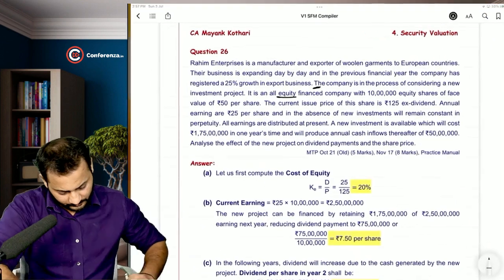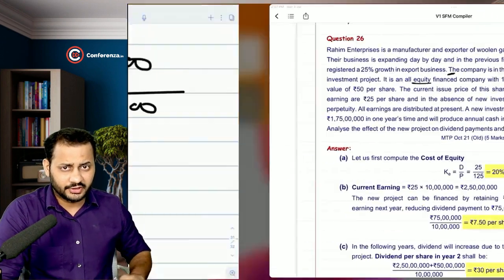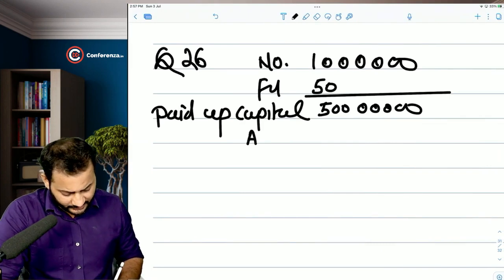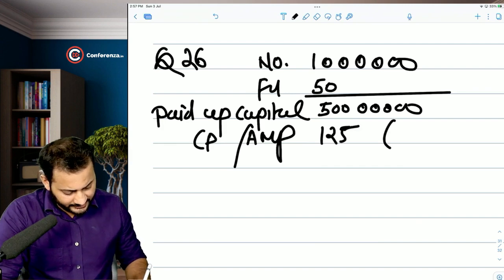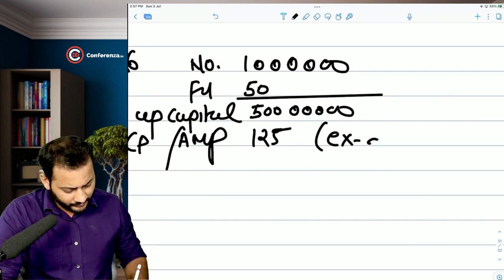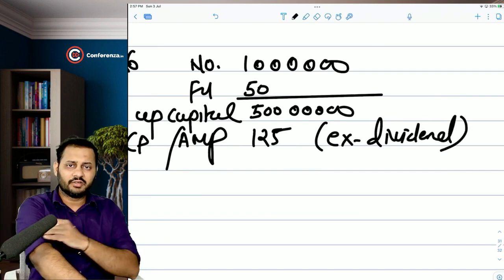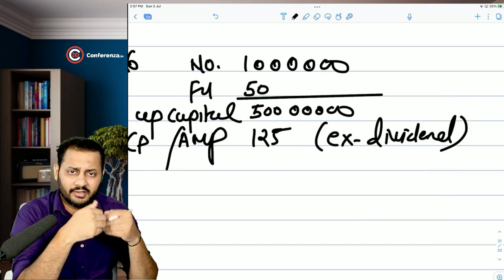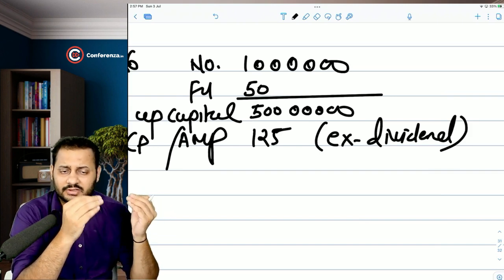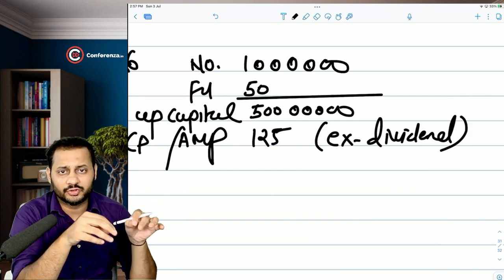Then the current issue price of the share is 125 rupees ex dividend, which we'll call the actual market price, or current price, 125, and it is ex dividend. That means it is after the dividend has been declared or paid. In fact, every time we take a price, it is deemed to be ex dividend only, so this information is not that useful.